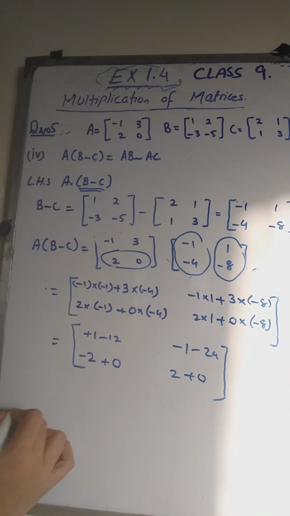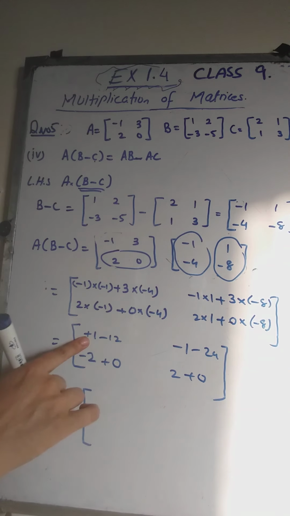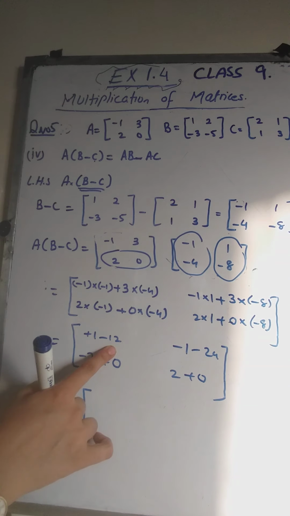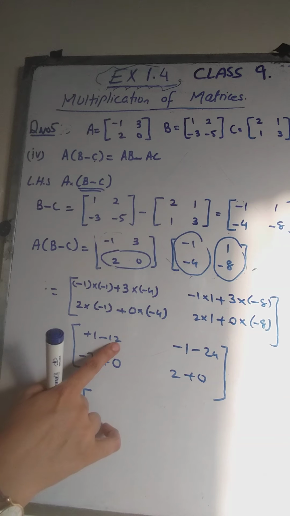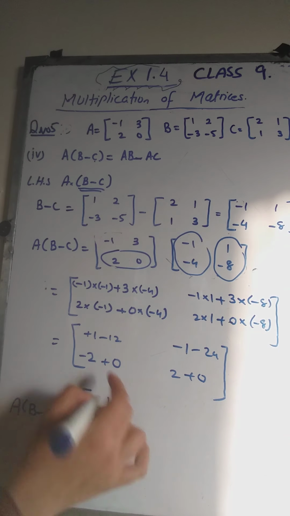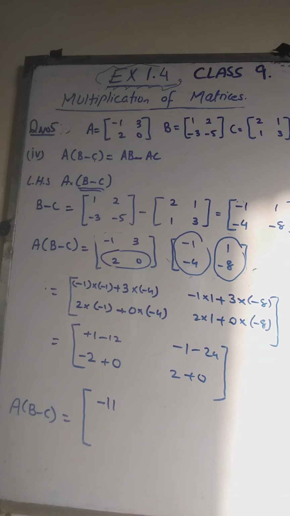So the final answer for A into B minus C will be plus 1 minus 12. The numbers carry different signs, therefore we are going to do the subtraction. 12 minus 1 is 11, and we are going to put a negative sign with the answer because the greater number has a negative sign.